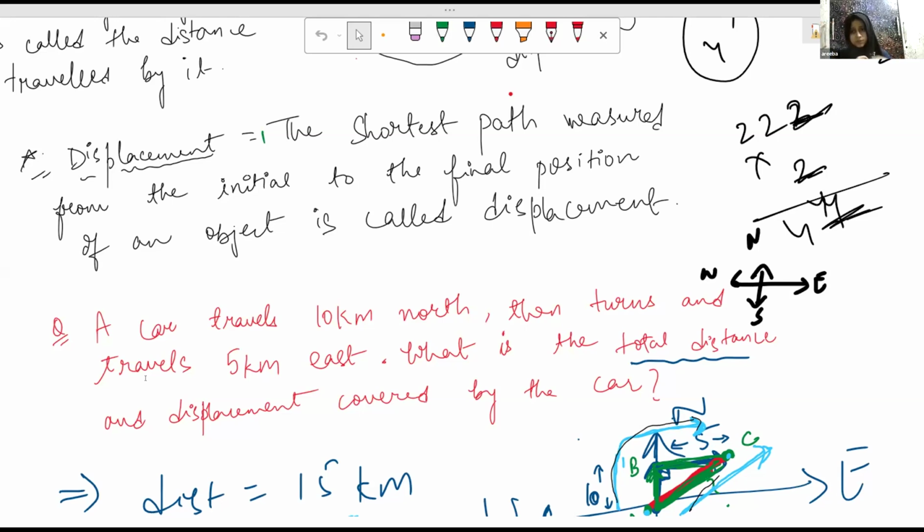So here I am told that first the car moves in a straight line towards north, which is 10 kilometers, and then it turns and travels towards east, and that's 5 kilometers.